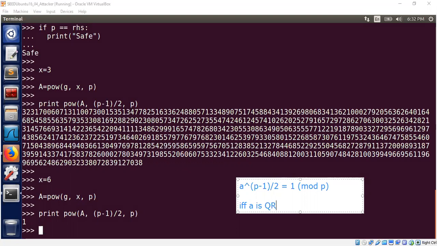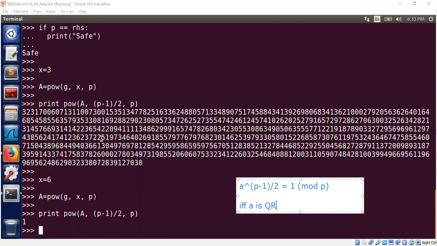What we have seen is that if G is generating the complete group, as opposed to the subgroup of order Q, we can find out whether the least significant bit is 1 or 0. That's what we have convinced ourselves of so far.